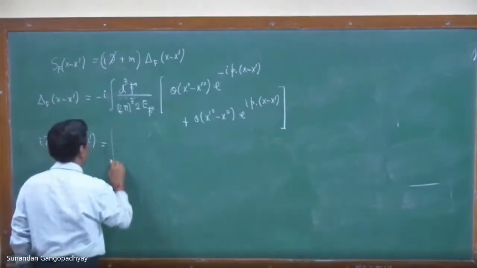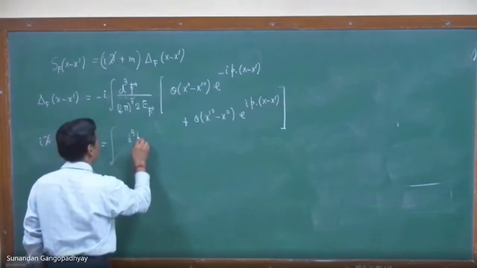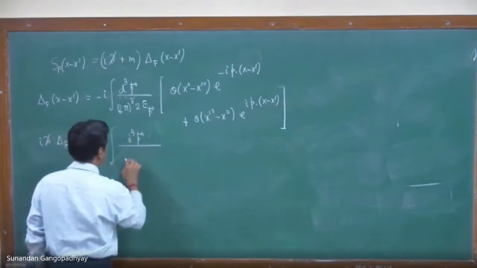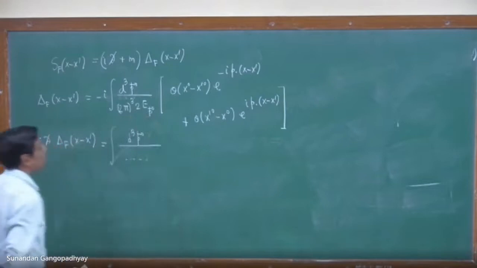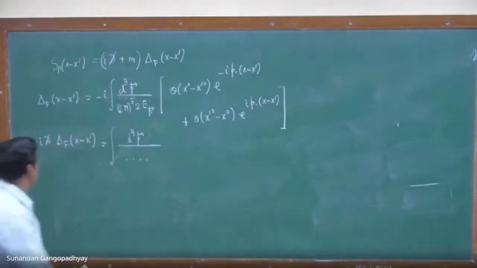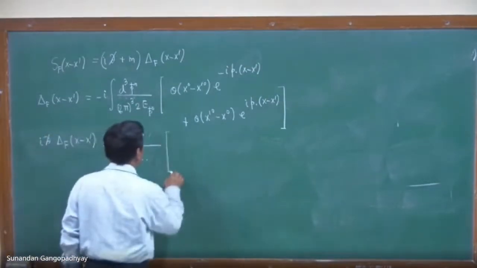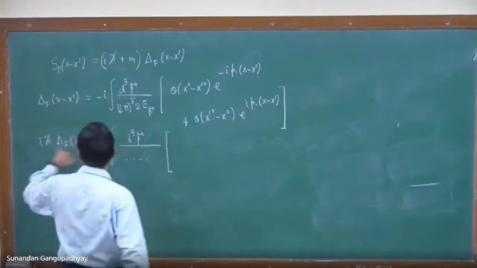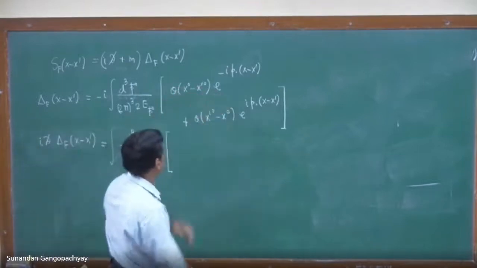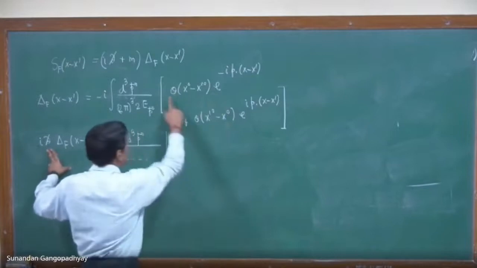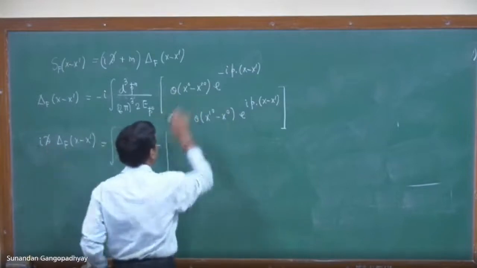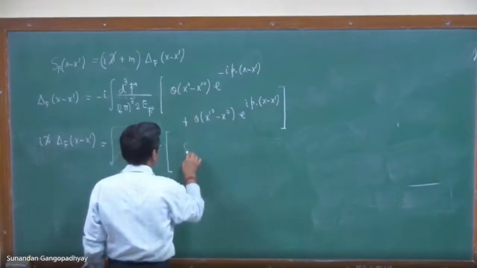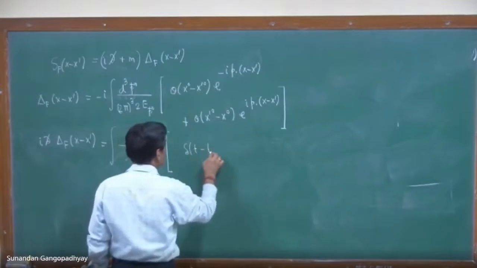Therefore, what we shall have is the integral d cube p by this factor that we have, the denominator. So we have this factor, and then this operator del slash will act on these terms. When del slash acts on the theta function, we have a delta of t minus t prime.